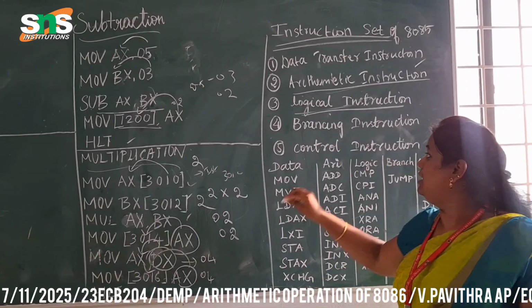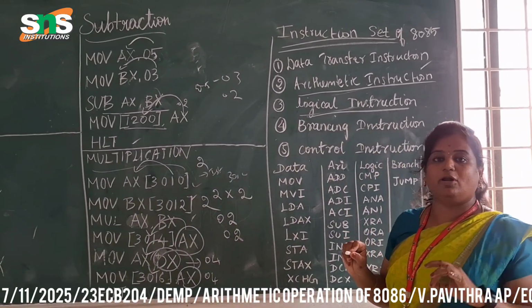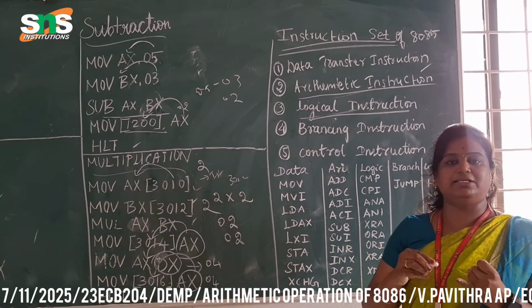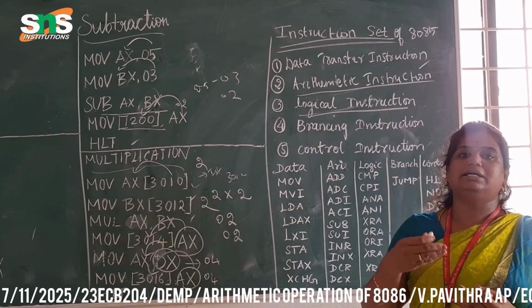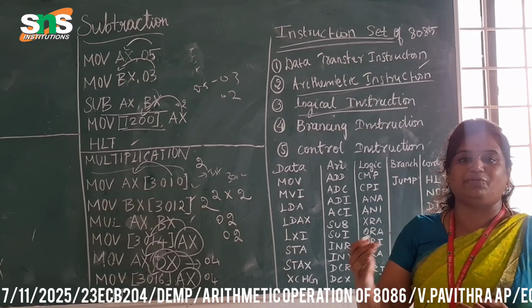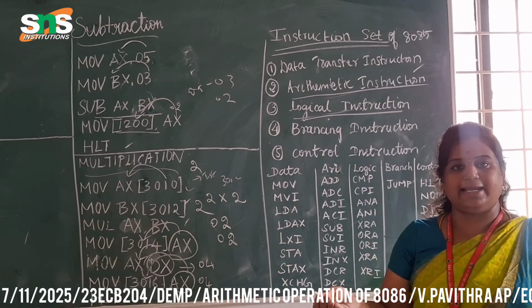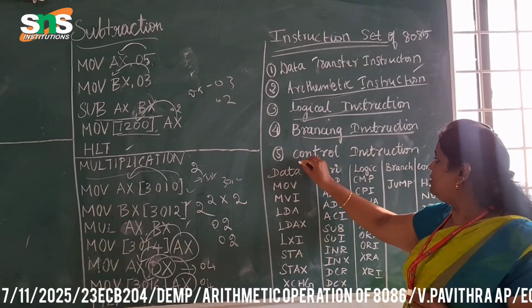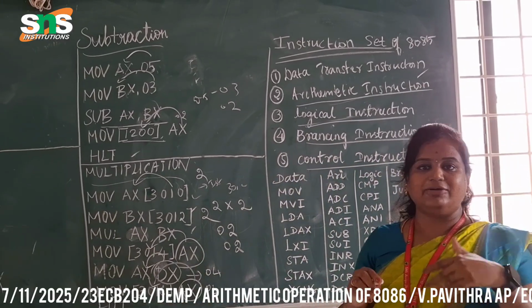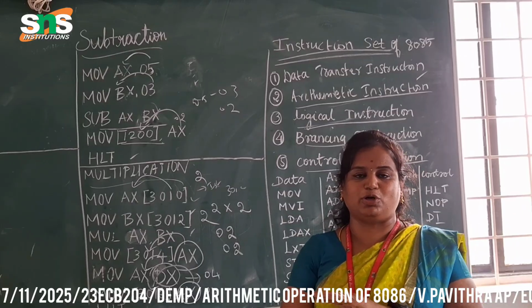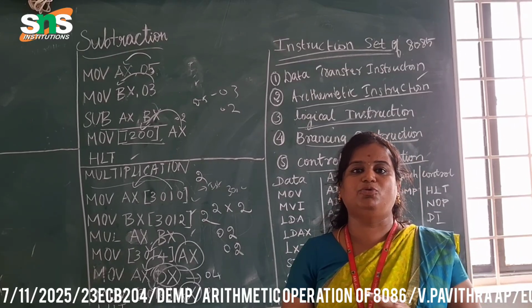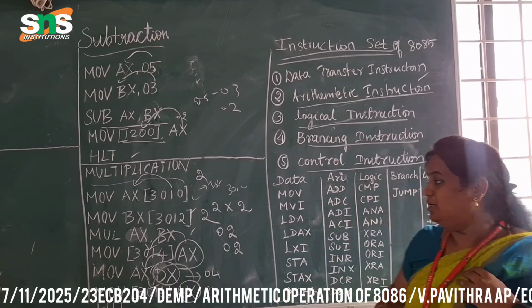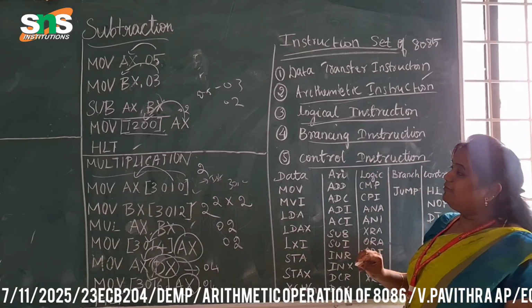The fourth one is branching, which is jump, no jump, shift right, rotate right. These are all branching instructions. A control instruction is one where, if I give the command to the microprocessor, it does not change any operation. That is called a control operation. We will see them one by one.